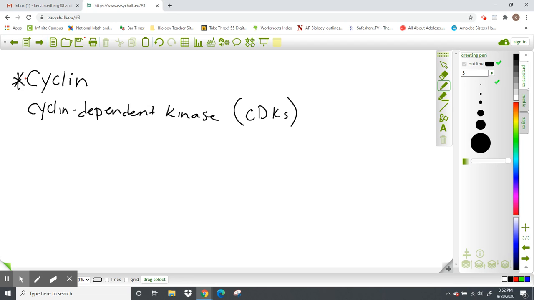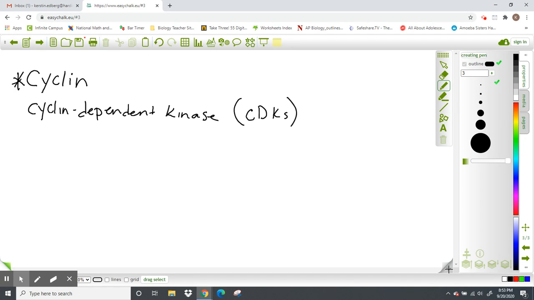This cyclin will fluctuate depending on what part of the cell cycle the cell is in. If it's getting close to the division part, there'll be a lot more cyclins in that cell. Those cyclins will bind to the CDKs, and that will start a cascade of reactions in the cell, which will get that division going.